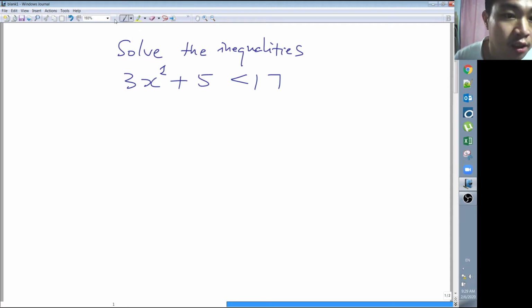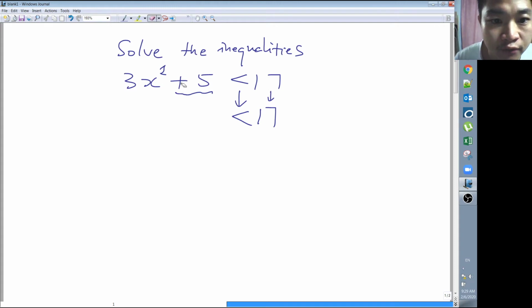Let's go ahead and solve this. You don't have to do anything to the unequal sign, just write it down here, and copy down the 17 as well. On the left hand side, you can move your plus 5 to the other side.